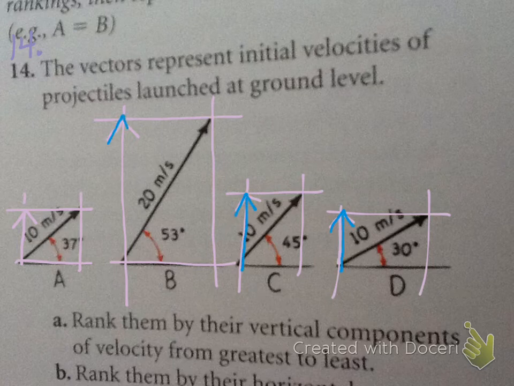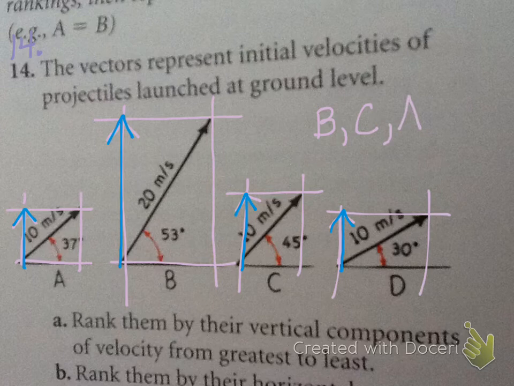Here's this one's vertical component, here's B's vertical component, and here is A. So the one with the greatest vertical component, the longest vector, is letter B. My next longest vector is C. Next I have A. And finally I have D.